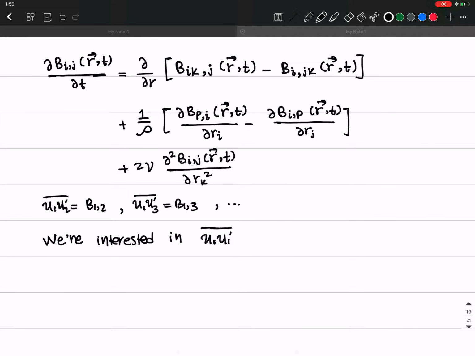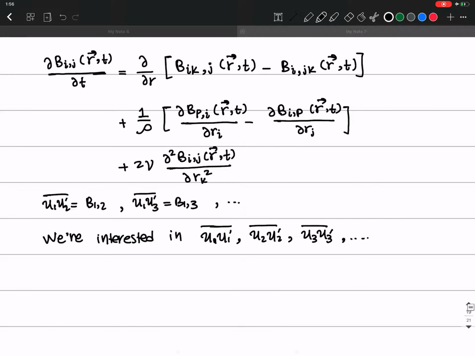So the autocorrelation terms between the signals themselves, u2 and u2 prime, the same velocity component. So we don't look at the cross correlations, just the autocorrelations between the same velocity components across the flow. Okay, so we focus on these variables instead of all the cross correlations.